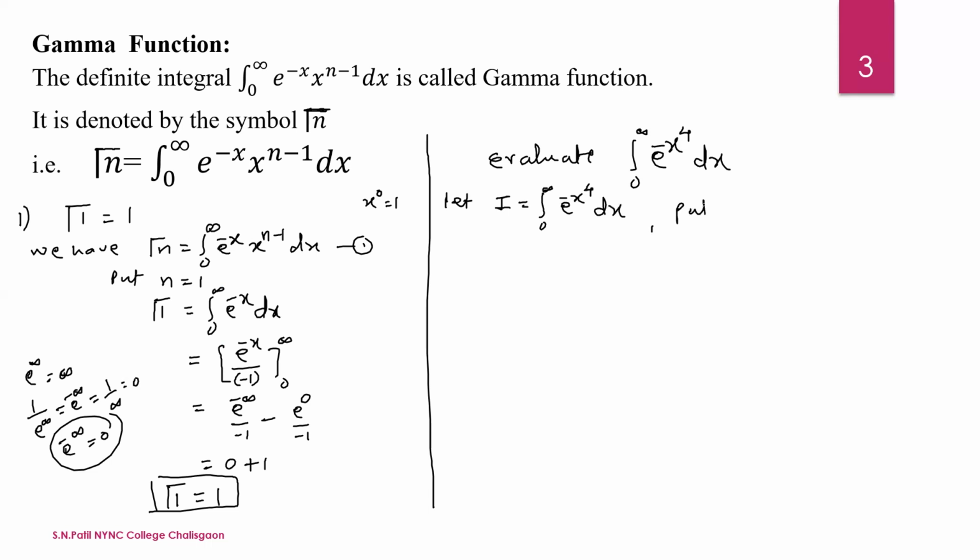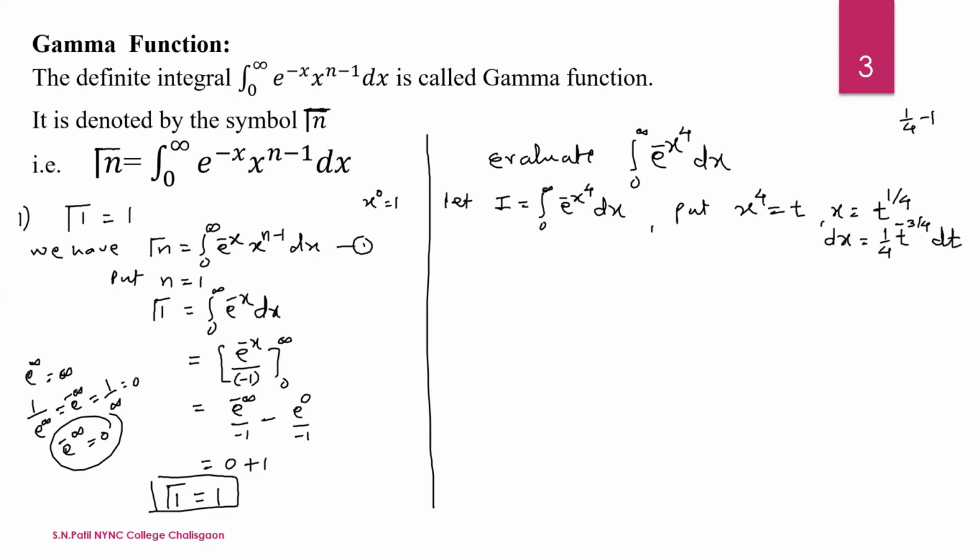Now put x to the power 4 equal to t. For dx we first identify x. So x is equal to, taking the 1/4 power on both sides, t raised to 1 by 4. So dx is equal to 1 by 4 times t to the power 1 by 4 minus 1, that is, minus 3 by 4, dt.